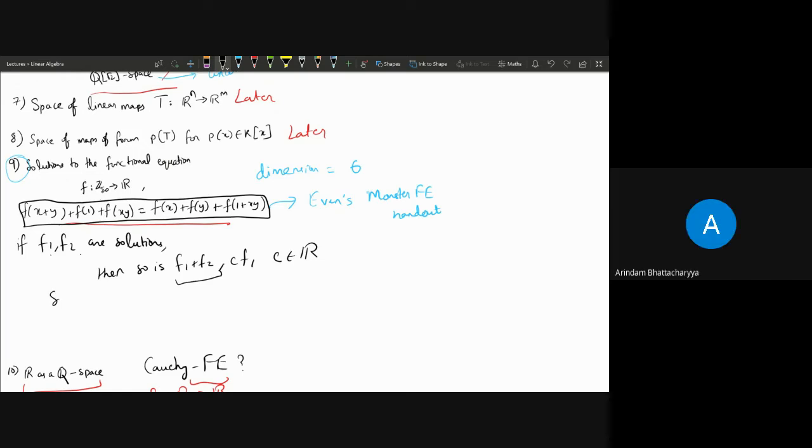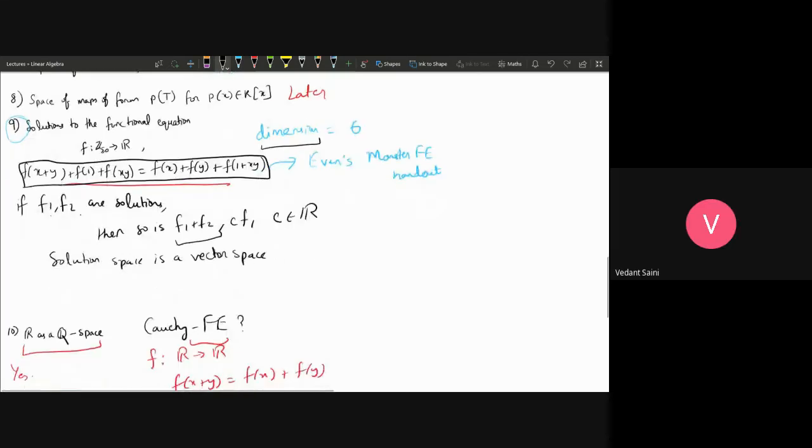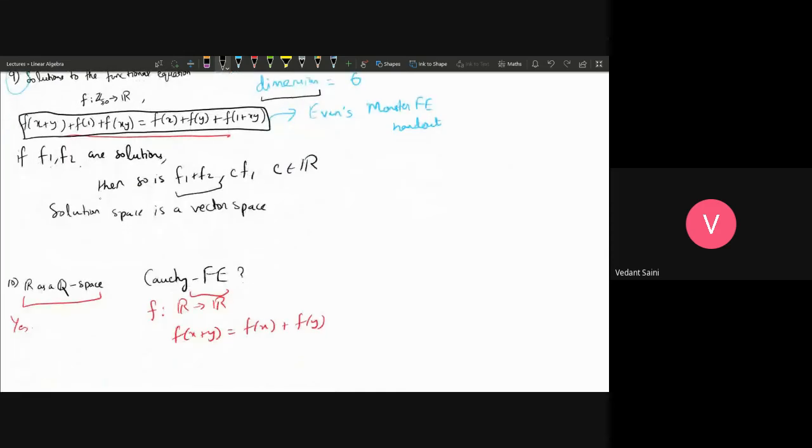So the solution space is a vector space, and that is why it makes sense to ask what the dimension of this space is.